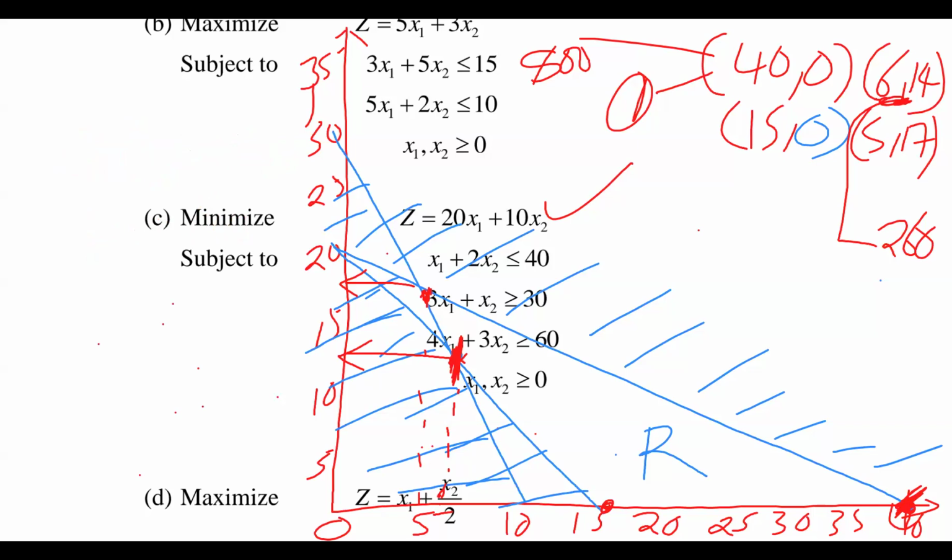The next one is 15, 0, which will be 20 times 15, 300, plus 10 multiplied by 0, which is 0. That will be 300.